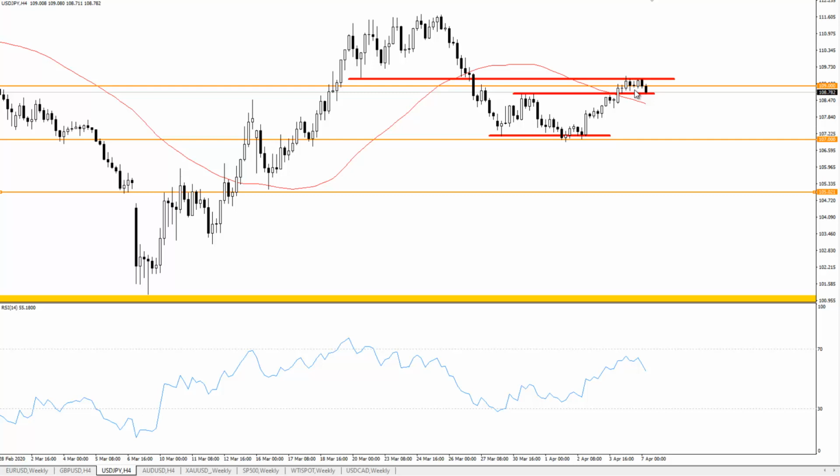But if you have a break through the neckline and it proves to be a false break, moves back down into the pattern, that actually can be a very decisive move signal in itself. That's a bearish one. And so a failed double bottom is a very good bearish signal, is what I'm trying to say. So potentially what we're dealing with at the moment is a drop to 107 and 105 below that.